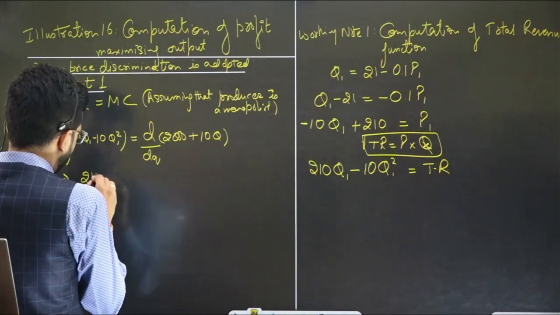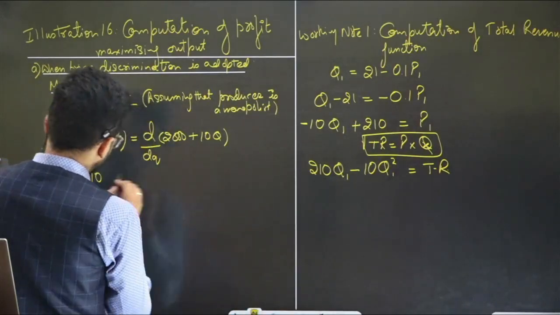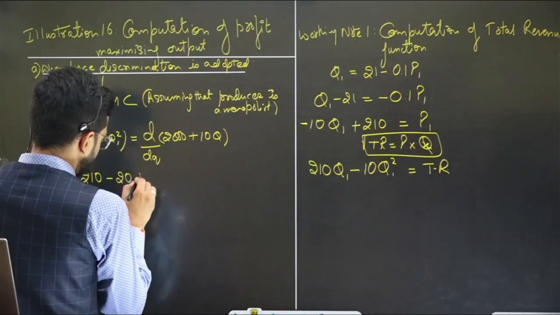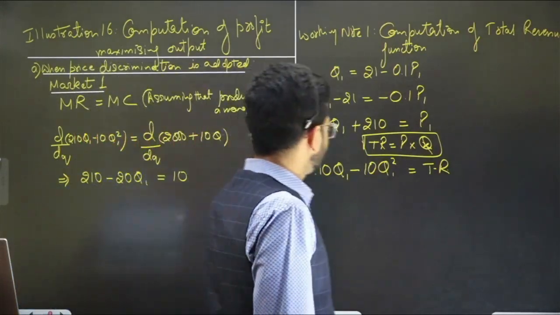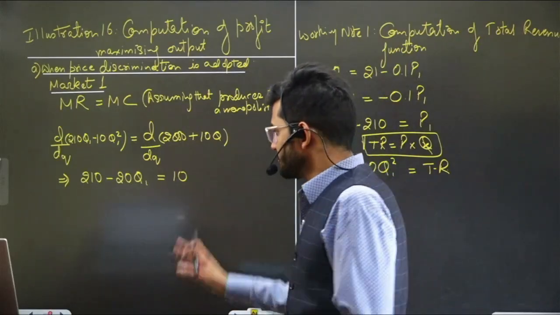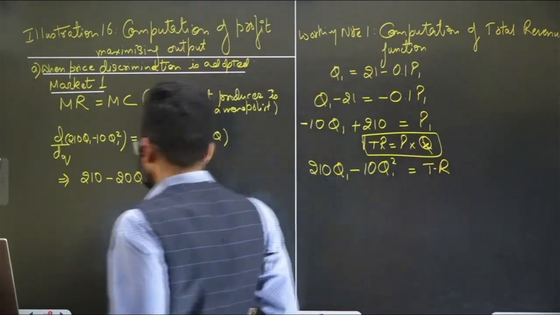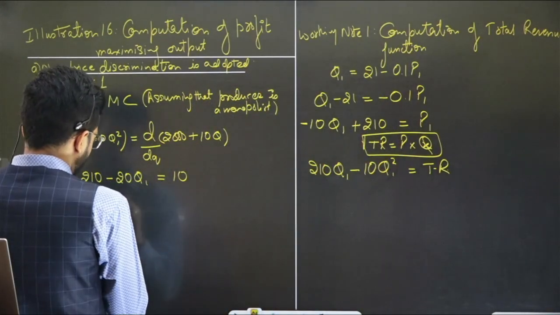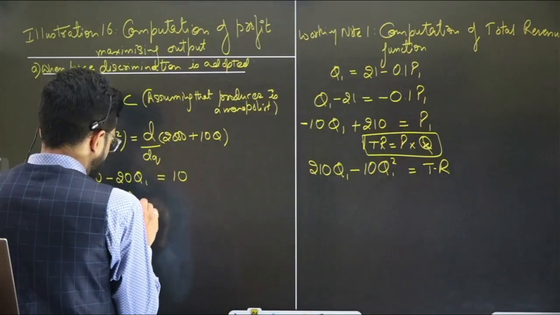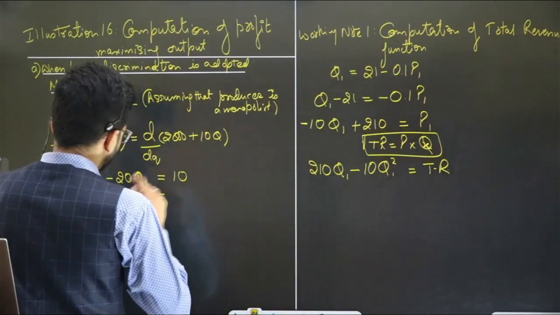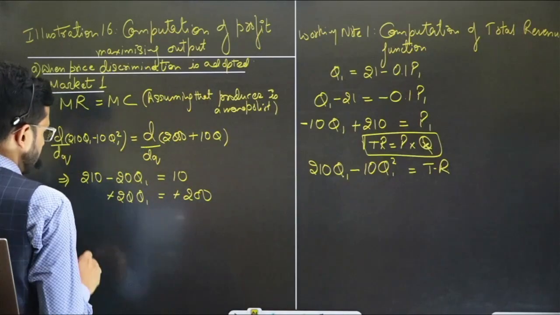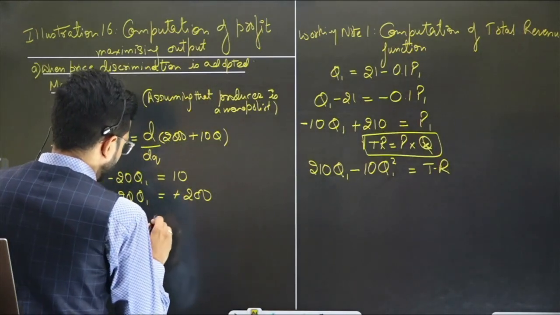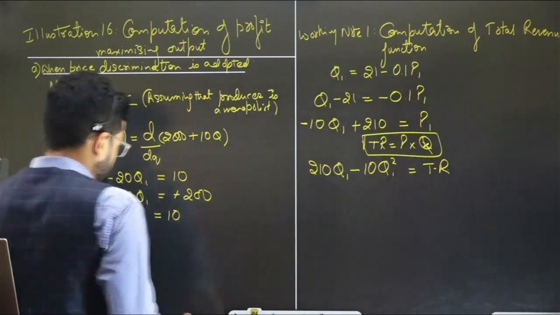It will be 210 minus 20 Q1 is equal to 10. So this comes up after differentiation. Okay, I'll send 210 over there. So minus 20Q is equal to 210 minus 210, which will become minus 200. Minus minus gets cancelled, so Q1 is equal to 10.